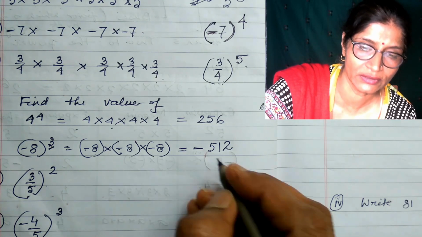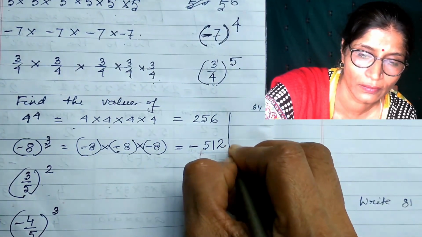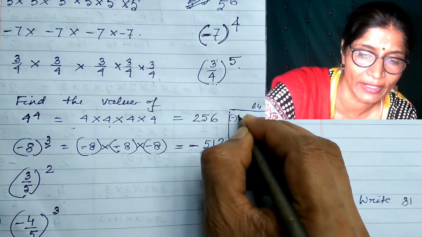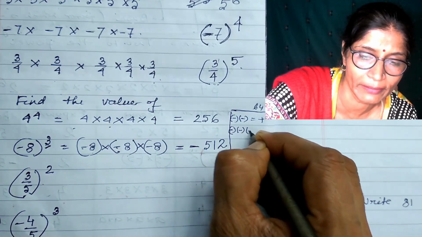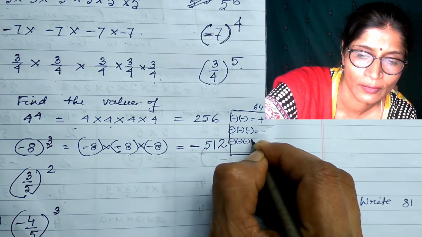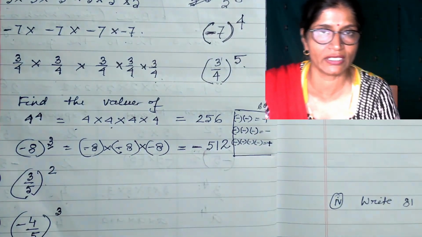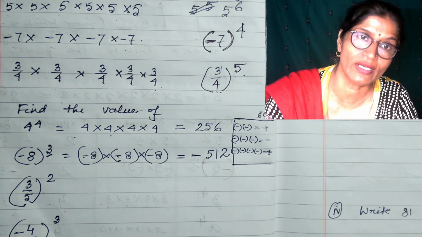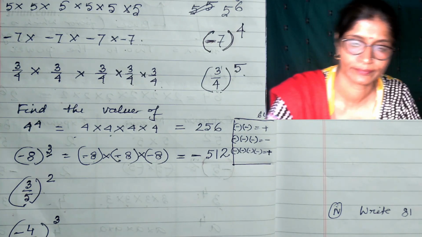For example, I am writing here: minus multiplied by minus is plus. Again minus multiplied by minus multiplied by minus is minus. Again if I multiply it 4 times, then it will be plus. It means when the negative sign appears an even number of times, your answer will be plus. And when the minus appears an odd number of times, it is minus.